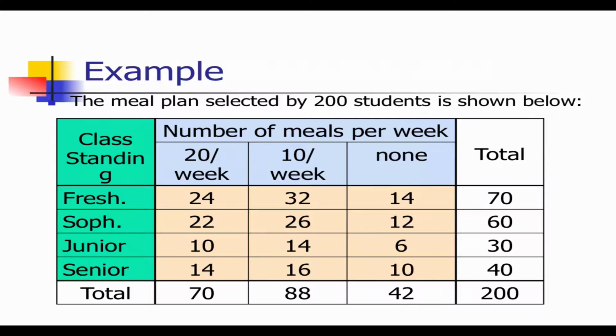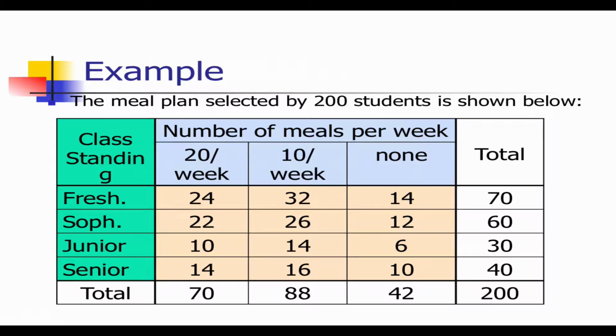That means we are testing whether the rows are independent of the column variable. Here we have a 4 by 3 table, so 4 times 3, and those are the observed counts. For the observed counts, you can calculate the total corresponding to each row and each column, and you also have a grand total, which is your total sample size.